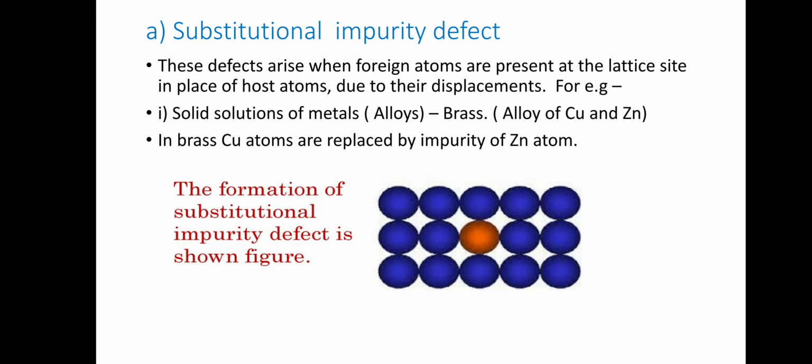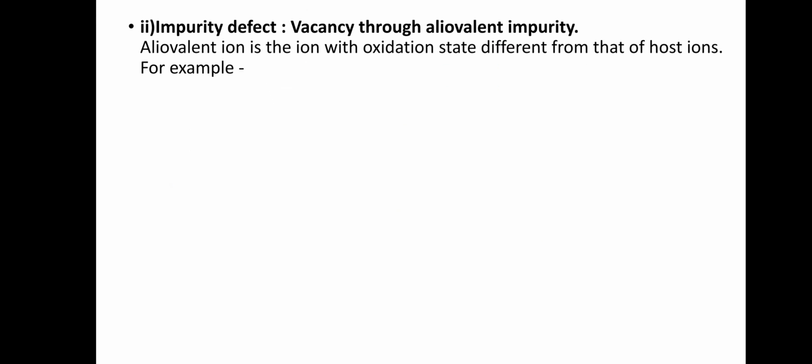As we could see in this diagram, the blue colored are copper, whereas the orange colored are zinc atoms. So here the impurity of zinc is being substituted in place of copper, and hence this is a type of substitutional impurity defect.